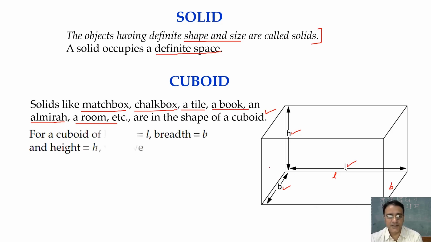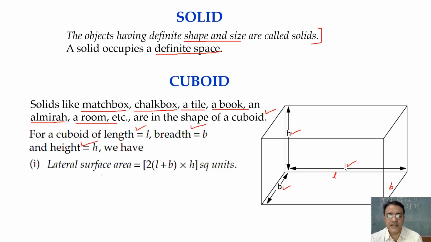Height is h. So for cuboid, we are going to denote length by l, breadth by b, and height by h. So the first formula is lateral surface area, which is perimeter of base into height, that is 2 into (l plus b) into height. This formula is also known as area of 4 walls. Take it? Area of 4 walls.